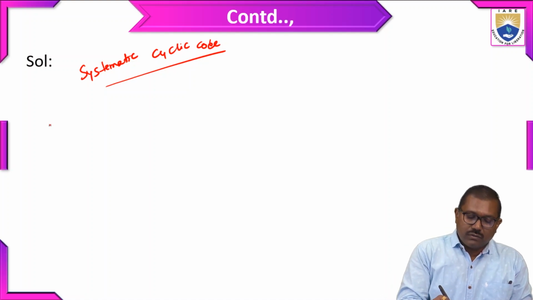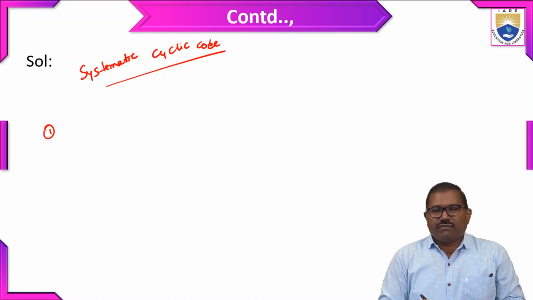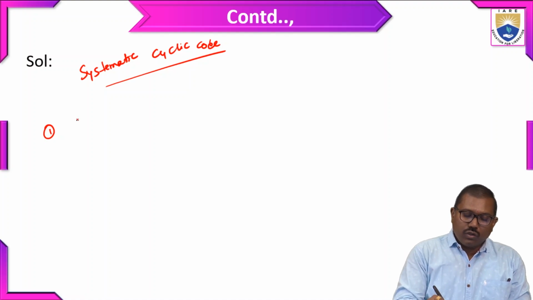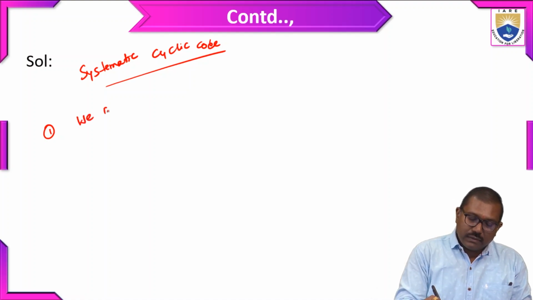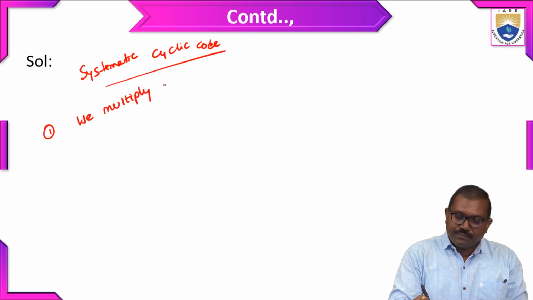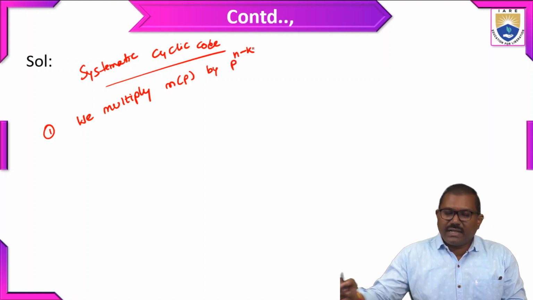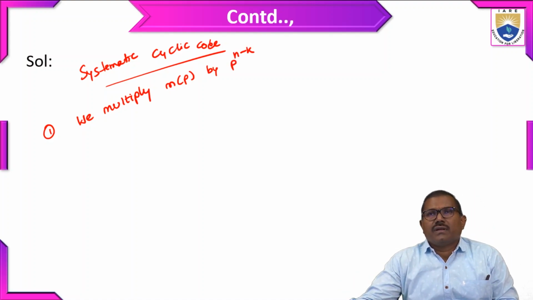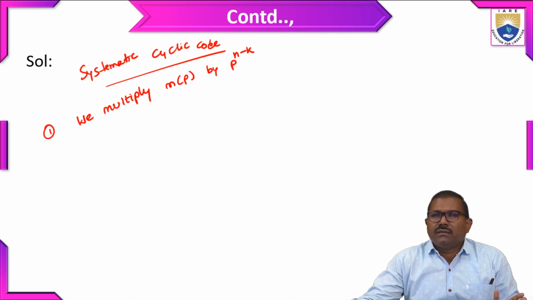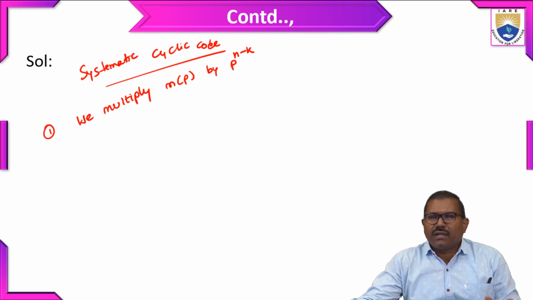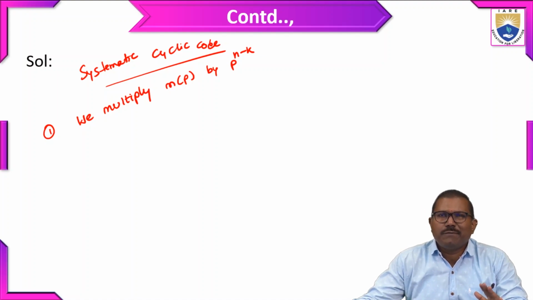First step, we multiply m of p by p power n minus k. I already told this in the cyclic code generation theory. Now in the problem also we follow the same procedure.